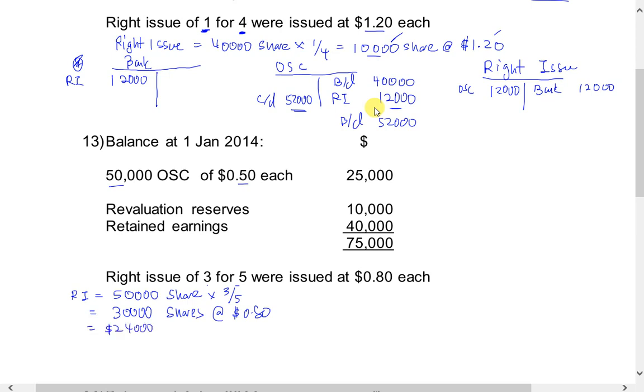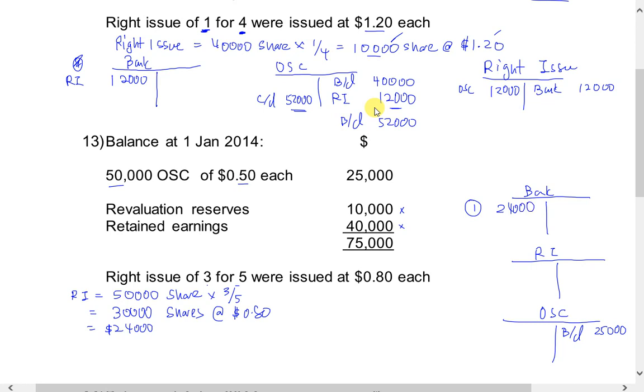So double entry. Bank, rights issue, ordinary share capital. The balance now is 25,000. I did not open the account for this. So the first entry is debit bank, money received 24,000.